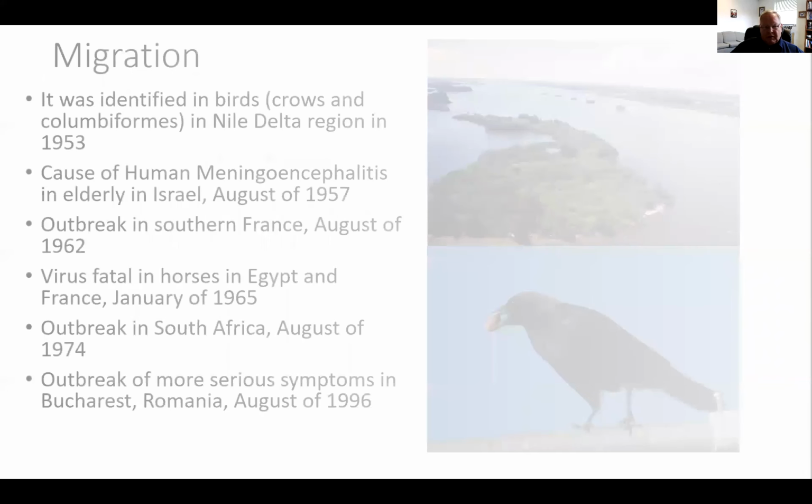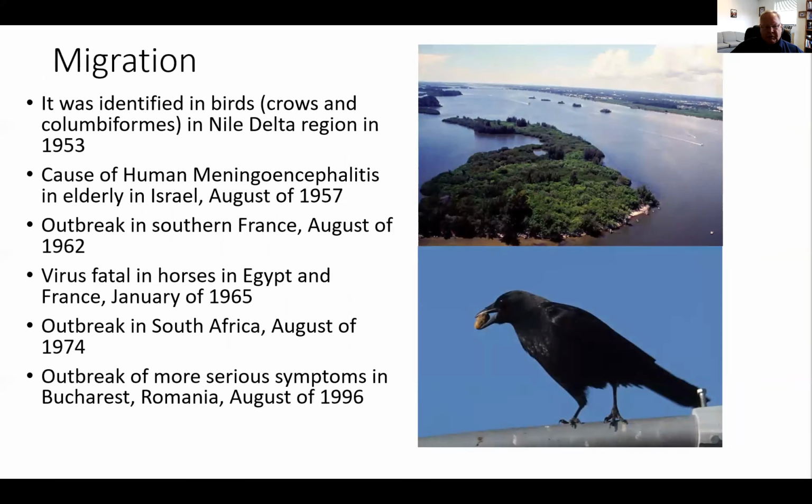It then was identified in birds and crows in the Nile Delta region in 1953, a cause of human meningoencephalitis in the elderly in Israel in 1957. There was an outbreak in southern France in 1962, and the virus was fatal in horses in France and Egypt in 1965.